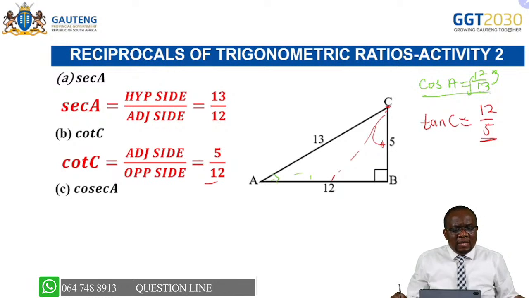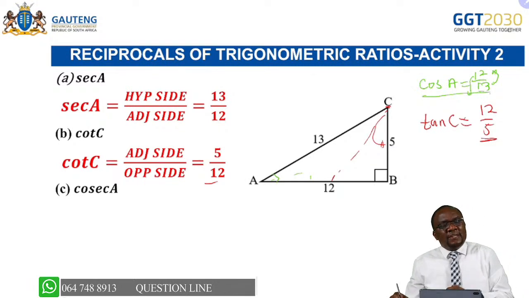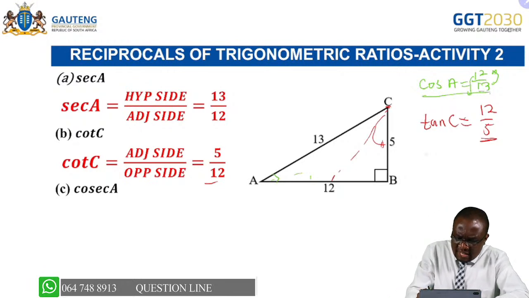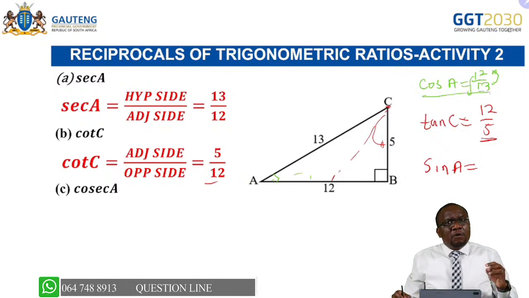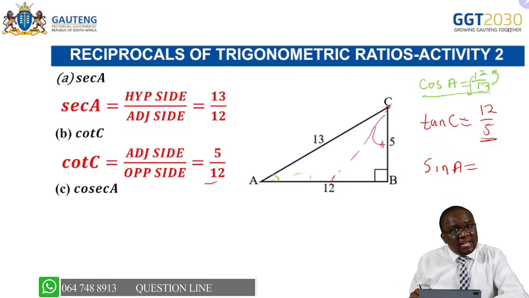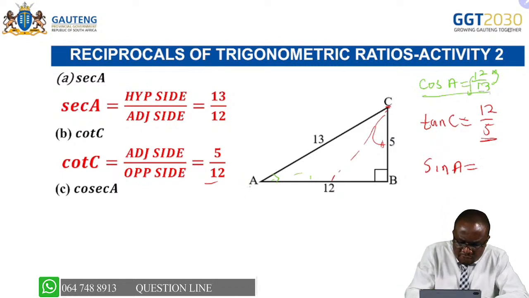Okay, and then cosec A is the reciprocal of sine A. Do you remember how we get sine A? Sine A is opposite side over hypotenuse. This is our A we're talking about. What is the opposite side? That is 5.